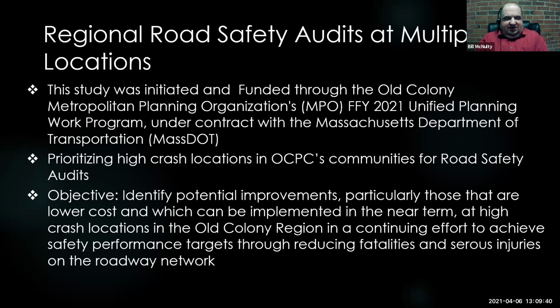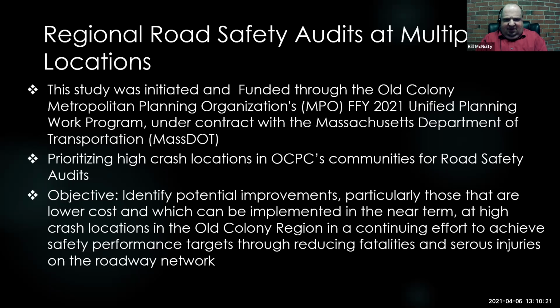Honestly, the list ended up being longer than we thought it was, but the goal is to identify measures that can be taken at these locations, particularly lower cost projects and measures that can be implemented relatively quickly, and that can really go a long way right now to addressing safety at these intersections, with the goal and objective of reducing roadway fatalities and serious or incapacitating injuries.